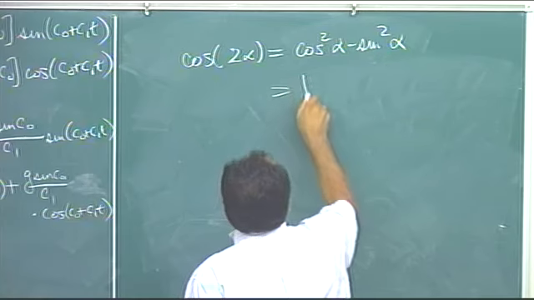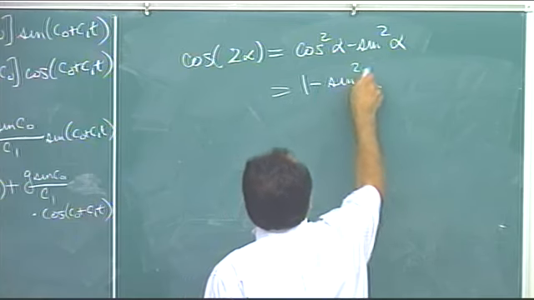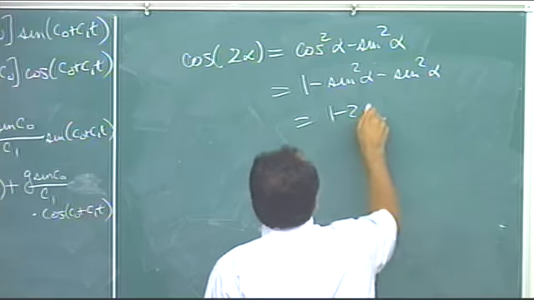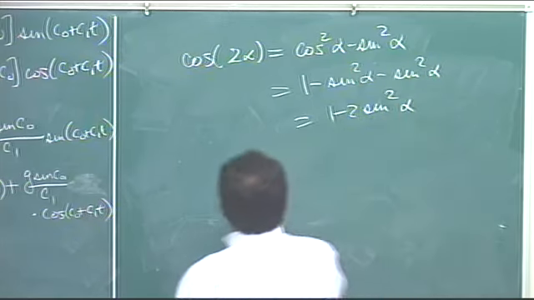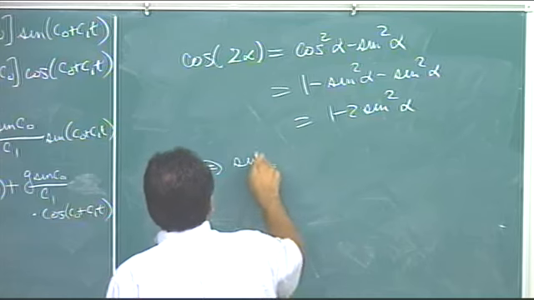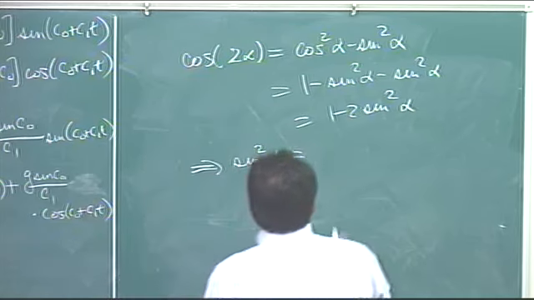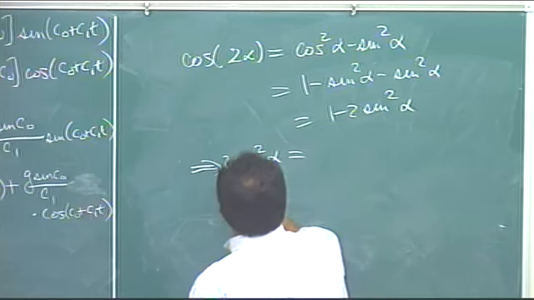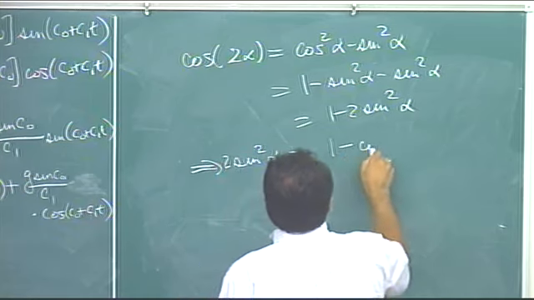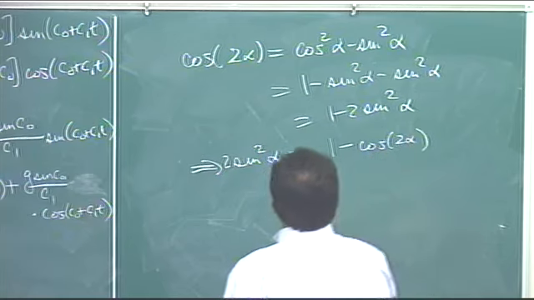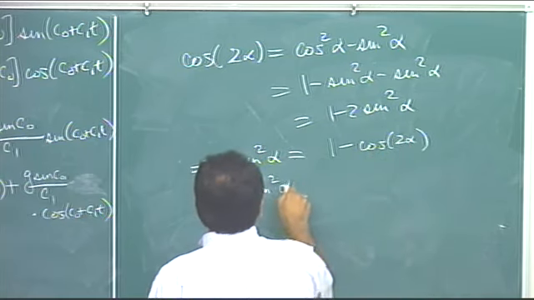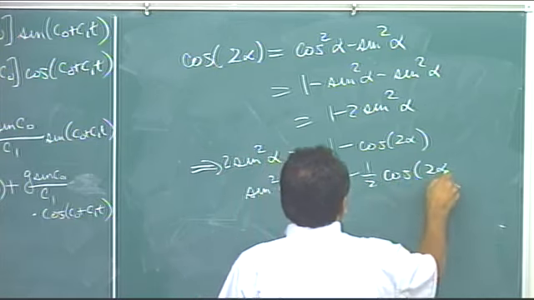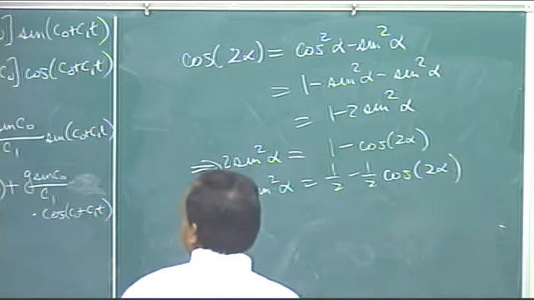So this is 1 minus sine squared alpha minus the sine squared alpha, which is equal to 1 minus 2 sine squared alpha, which tells me that 2 sine squared alpha is equal to 1 minus cosine of 2 alpha, which tells me that sine squared alpha is equal to 1/2 minus 1/2 cosine of 2 alpha. So what does that allow me to do in these equations here?